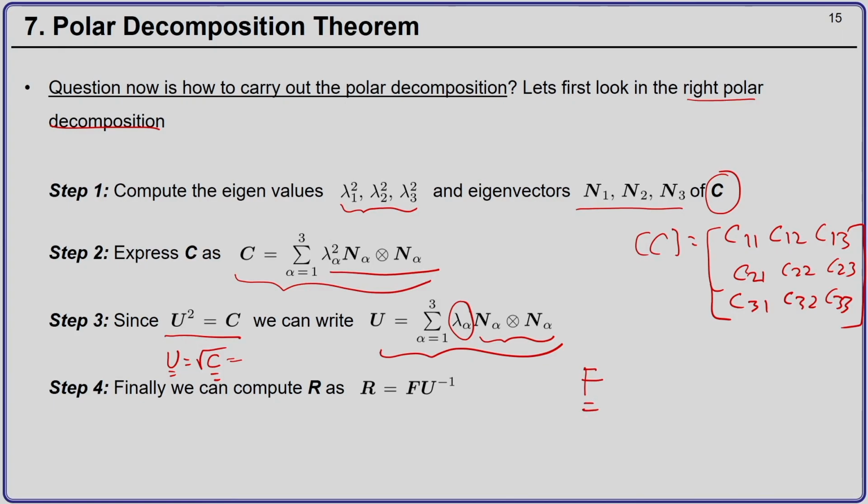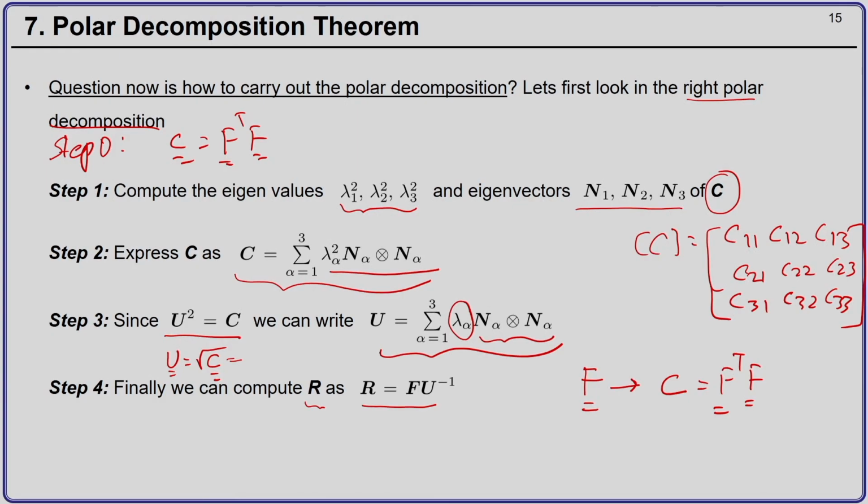Once you have U, and you already have F, F is given to you, that is why you are doing the polar decomposition. From F we first calculate C. So, C is F transpose F. Here I should have written one more step, say step 0, where we compute C as F transpose F. Now, F is already there with you, and in step 3 you have computed U. Now, the orthogonal tensor R will be nothing but R equal to F U inverse.